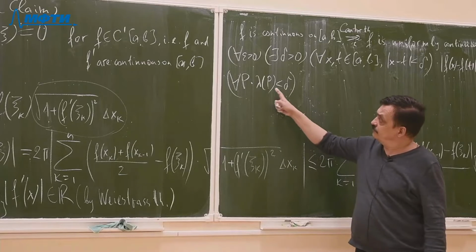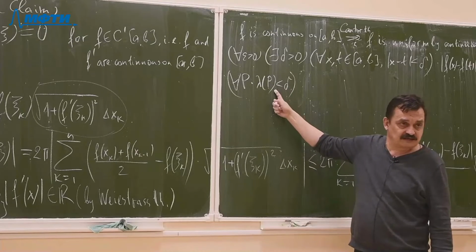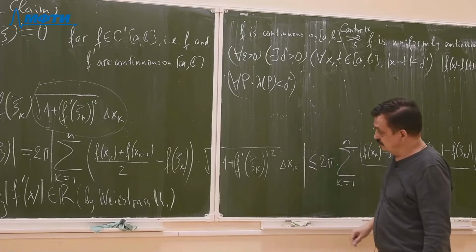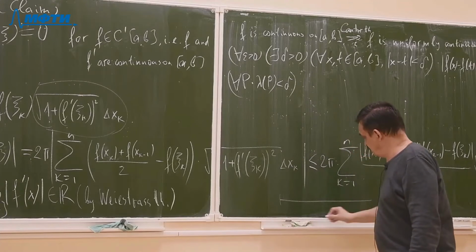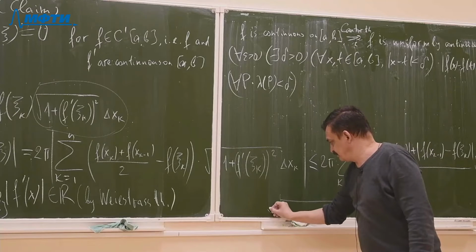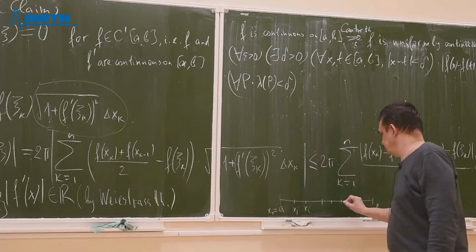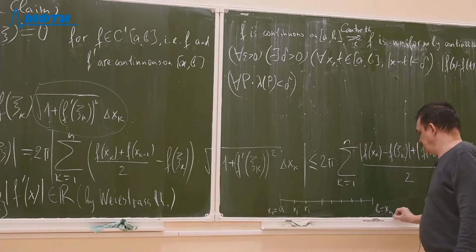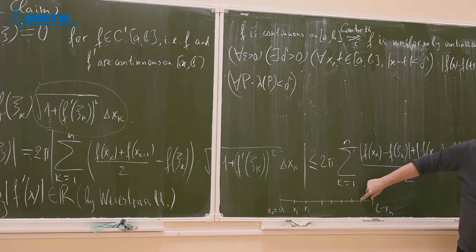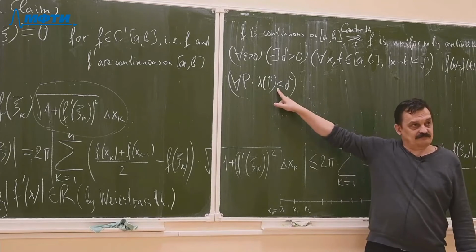if the norm of our partition is less than delta, what does it mean? It means that when we consider our intervals, the length of each of those intervals is less than delta.